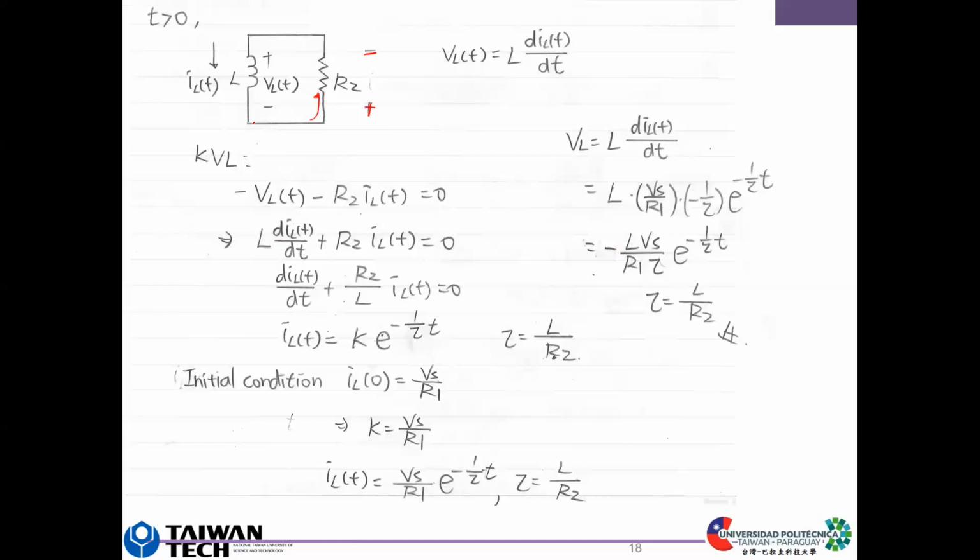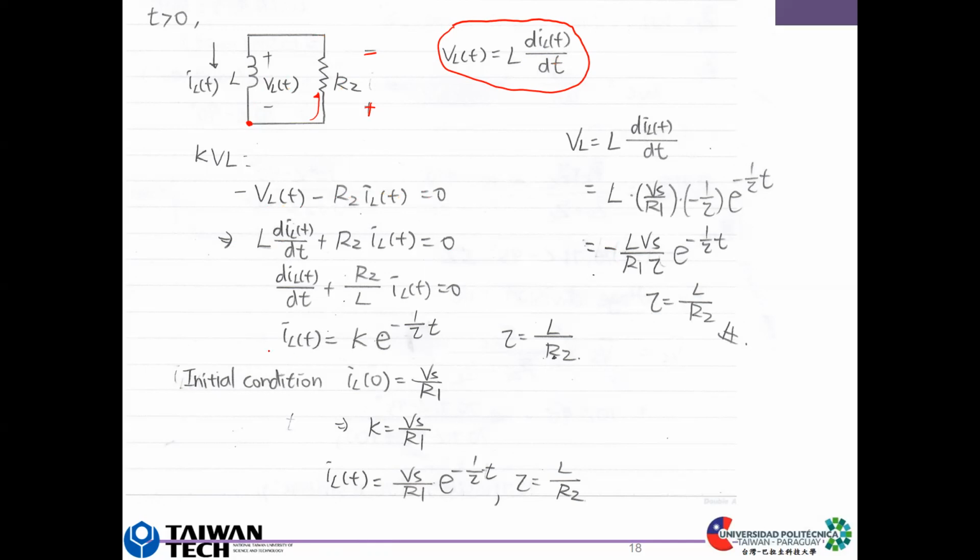We start from the bottom left, so we have minus V_L minus R2 times i_L(t) equals 0, and V_L can be replaced by the inductor equation, L times di_L(t)/dt.